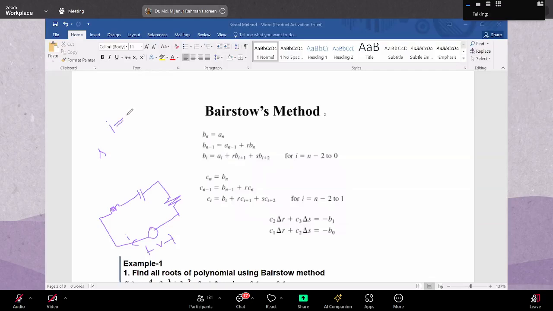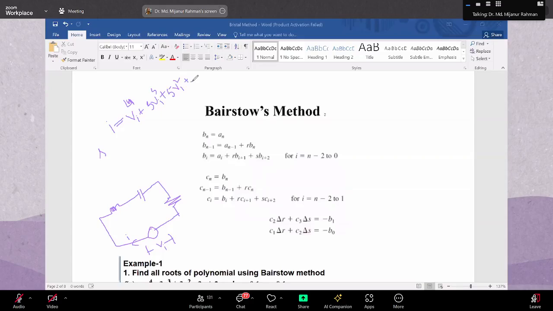Given the current I equals, like, V4 or V, if I remember, Vi to the power 4 plus 3 Vi cubed plus 5 Vi squared.